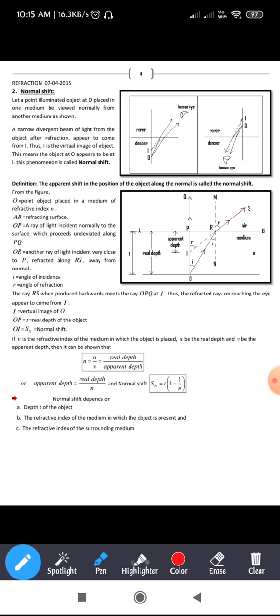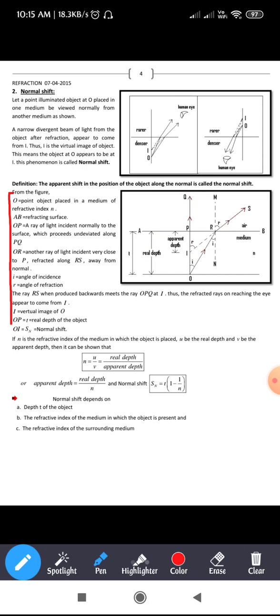Since the ray moves from denser to rarer medium, it bends away from the normal. This angle is called i, and this angle is called r. When you view from the rarer medium an object placed in the denser medium, it appears closer, because when you extrapolate the ray backward, it appears the object is placed at I. This distance is the apparent depth, and this distance is the real depth.